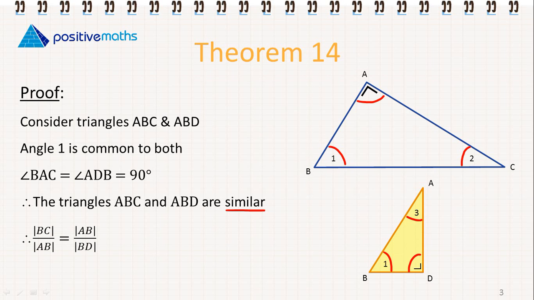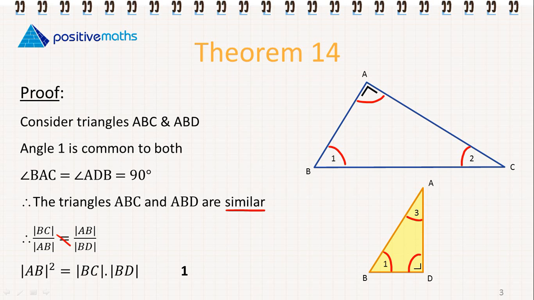If the triangles are similar, then we can say that BC, the hypotenuse of the big triangle, over the hypotenuse of the small triangle, is equal to AB over BD. Therefore, AB squared is equal to BC multiplied by BD.